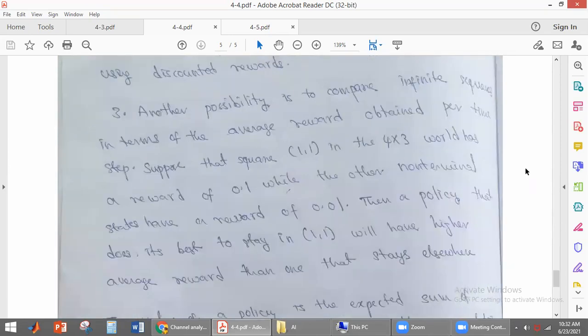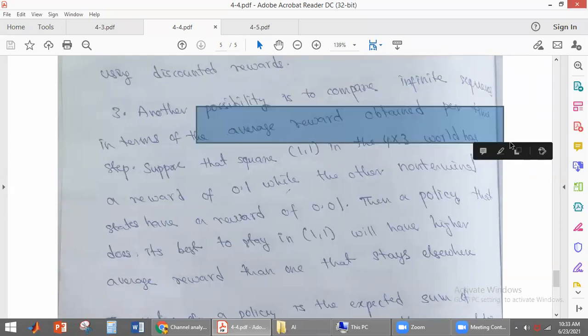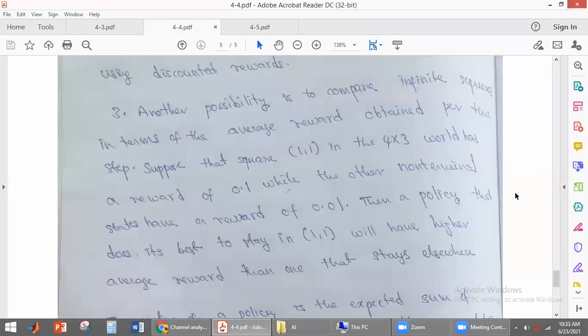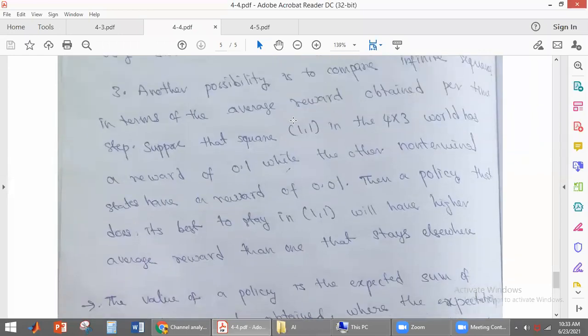Another solution here, students, for how we compare infinite sequences, is that we find the average reward it is obtaining per time step. The agent is receiving average reward per unit time step. For example, if the agent is in 1 comma 1, it is receiving a reward of 0.1, and in other non-terminal states the reward it is receiving is 0.01.